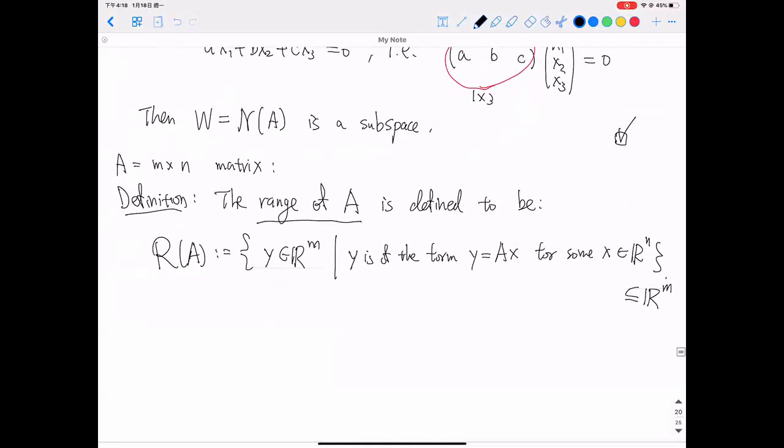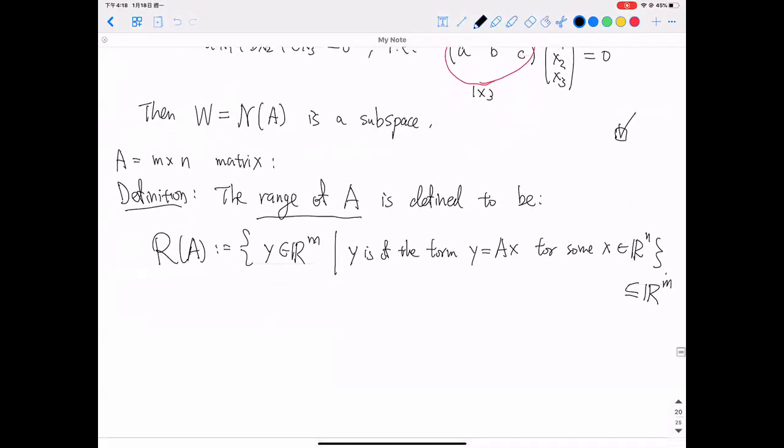These are, in other words, the range of A is the vectors in Rm of the form Ax with various possible x. Okay.